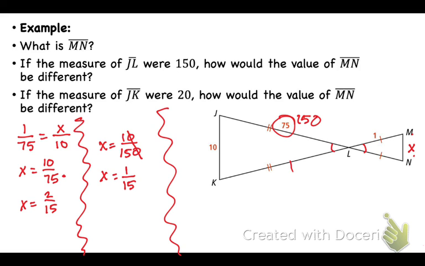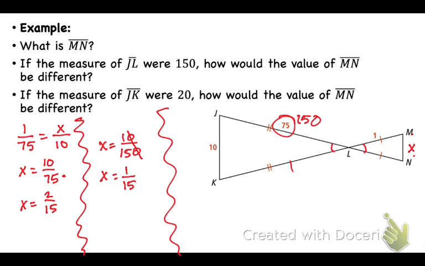So. Yeah. Well, 150, I doubled that side, but I didn't double MN. What happened to it? It went from 2/15 to 1/15. It's half of it, isn't it? So my side got longer, but those ends got what? Smaller. It got smaller. So I didn't change the KL. The KL is still 10, isn't it? Yeah.